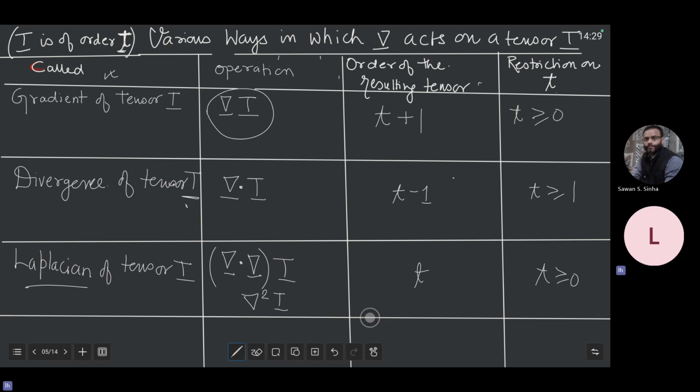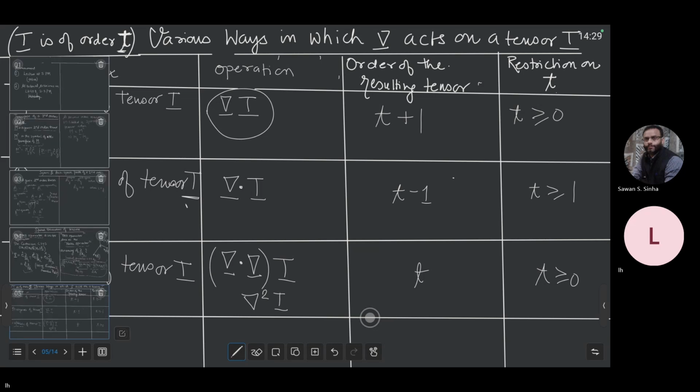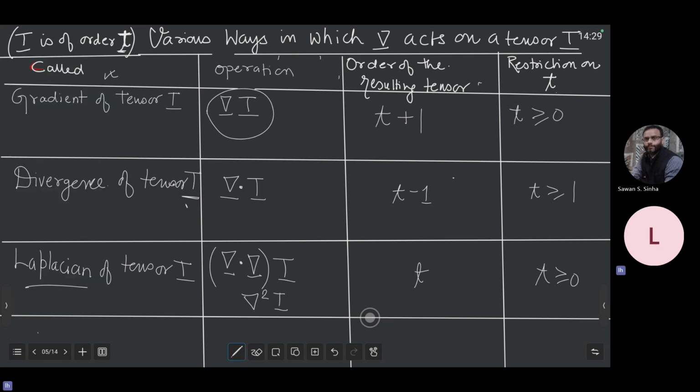So there is no magical step here, and you should not feel you are missing that magical step. If you're not able to understand, fine. Let's go to the next step. It will become clear. So let's work on this. What I'm going to do is one example of each, and that will help you understand.